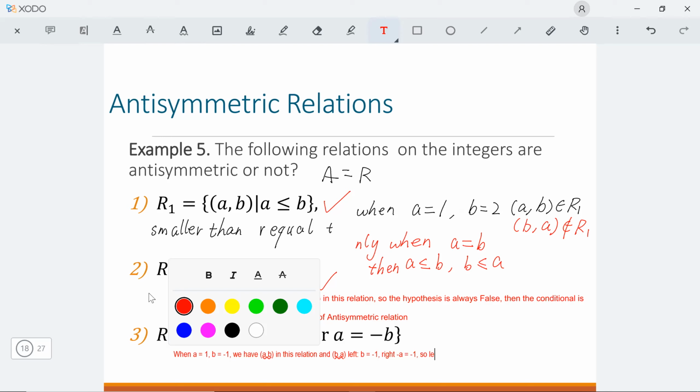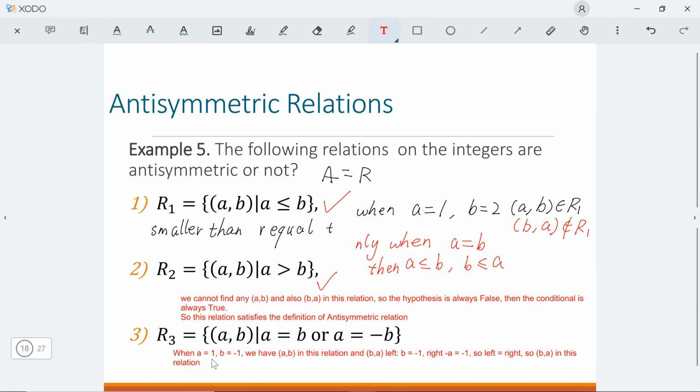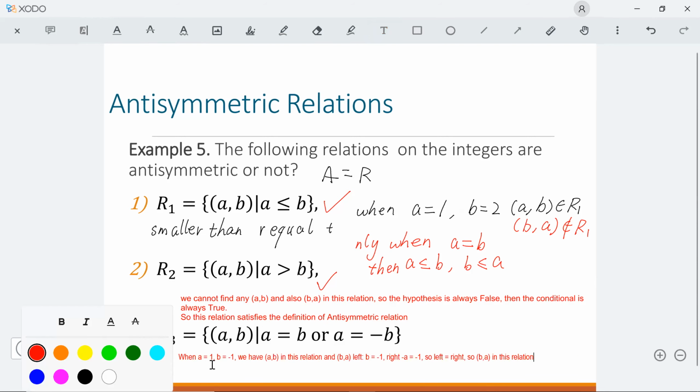So left is equal to right. Then our BA is also in this relation. So when A equal 1, B equal negative 1, no matter AB or BA, they are all in this relation. However, the values of A and B are different, right? So this actually is a counterexample.